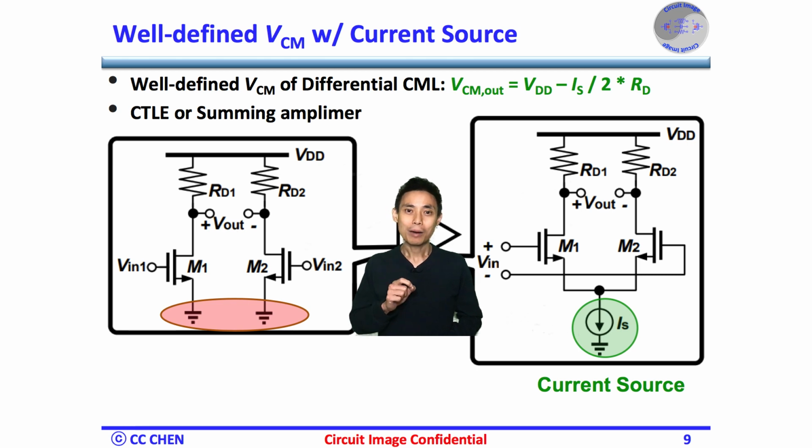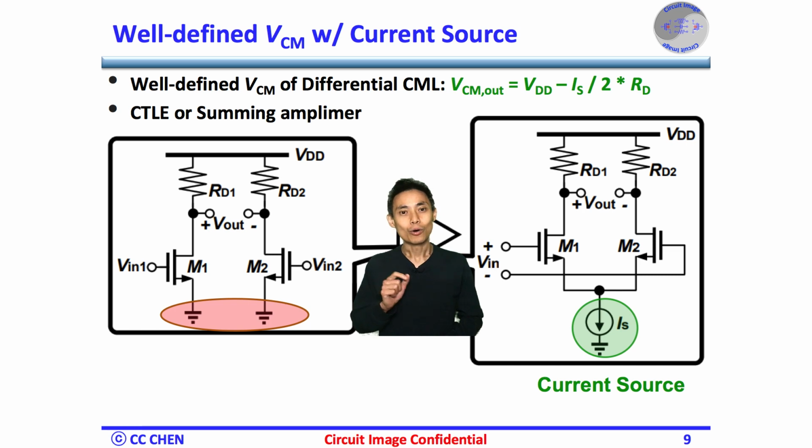Then the output common mode DC level can be easily designed properly to avoid invalid operation, even with multiple cascaded amplifiers. Please be advised that the current source will mitigate the design challenge of any single-stage amplifier as well.